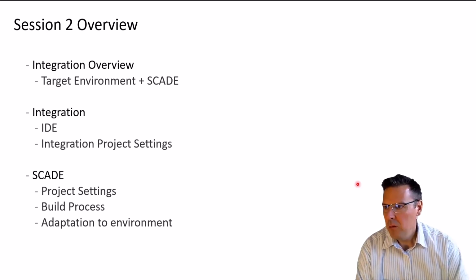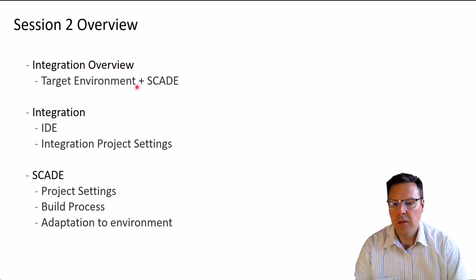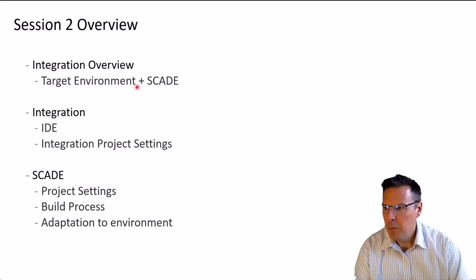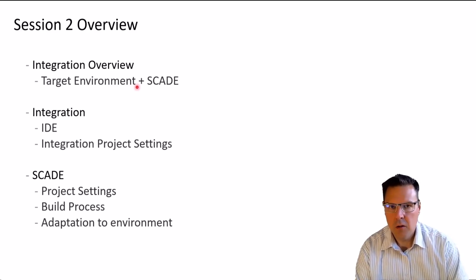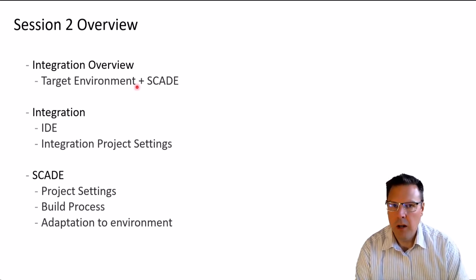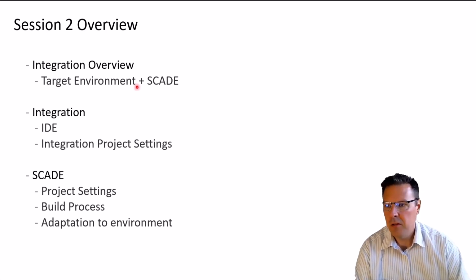Here we have an overview. First of all, we have the so-called target environment, which means this is a piece of software which contains the target compiler. So the compiler which generates a final binary for the target out of the sources which are provided by SCADE.